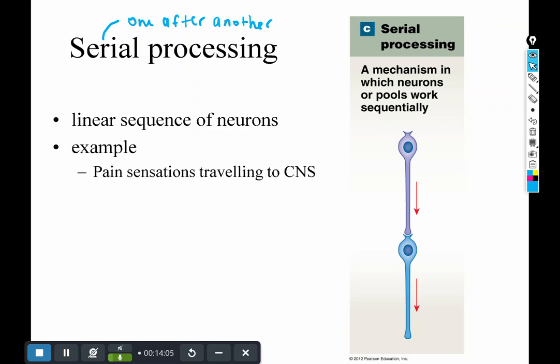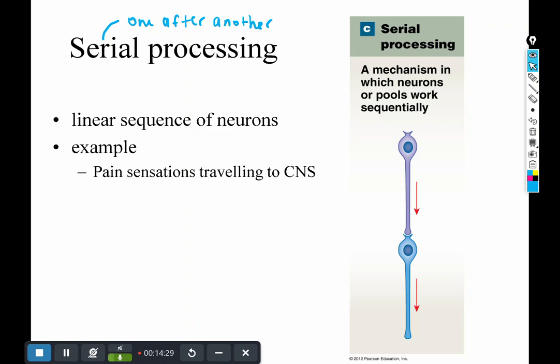So examples of this, we're actually going to see a lot of these when we get to chapter 15, which is the pathways chapter. So for example, pain sensations traveling into the CNS are linear, and that's one of the ways that you can reliably understand not only that pain is happening, but what specific location is experiencing pain, because that's how you get that part of your body away from the painful stimulus.